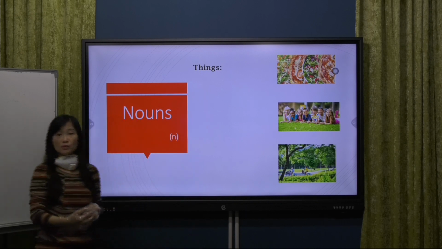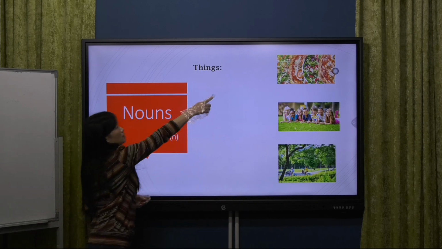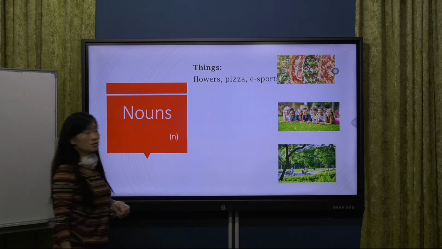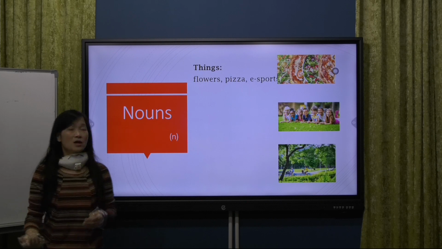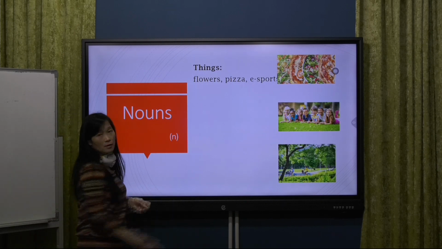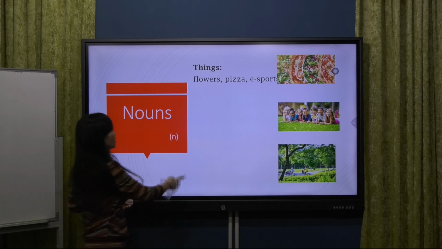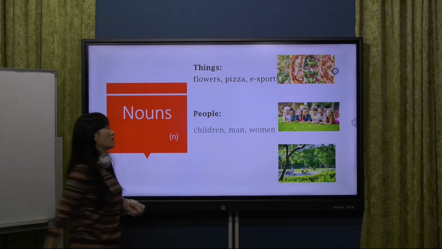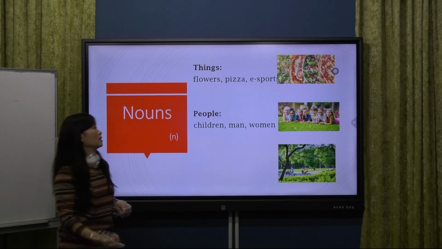It's a name also. You can say that it's a name for what kind of thing it is. It's a pizza. So like flowers, pizza, or esports, these kinds of things, right? They are nouns. And people are also nouns. Like children is a noun.